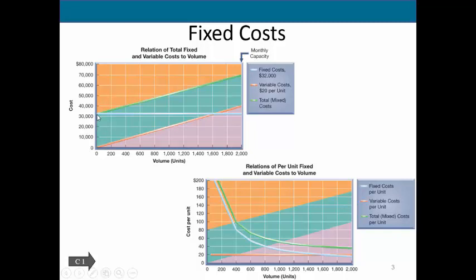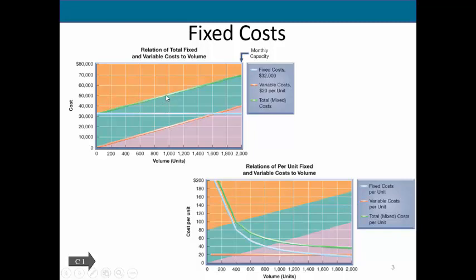So our total cost line here would be made up of total variable costs plus total fixed costs. Or in other words, it would be zero variable costs plus 32,000 in fixed costs. So that's why we're going to start here. But it's basically just going to be a line that has the same slope of the variable cost line, but at every point it's going to be $32,000 greater because that's the amount of the fixed costs.